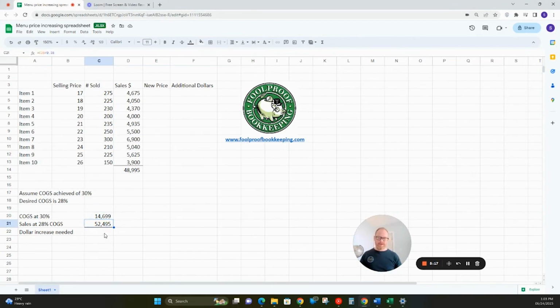So all we want to do now is evaluate how many dollars difference it is between what we needed in order to hit our target versus what we actually did. So simple equation, it's what did we need minus what did we actually do. And so we need to make up $3,500 in revenue here.